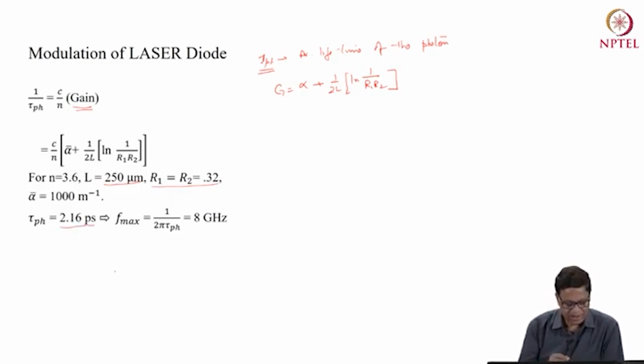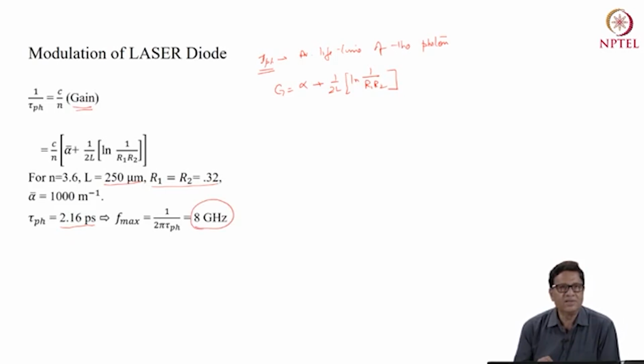And if I take the frequency response, or the inverse of this, it gives me typically 8 gigahertz. I can modulate the laser diode at this speed. This is as far as direct modulation is concerned. If you want even higher speed, there are other techniques using indirect modulation. But typically, you can modulate a laser diode at very high frequency of the order of 8 gigahertz.